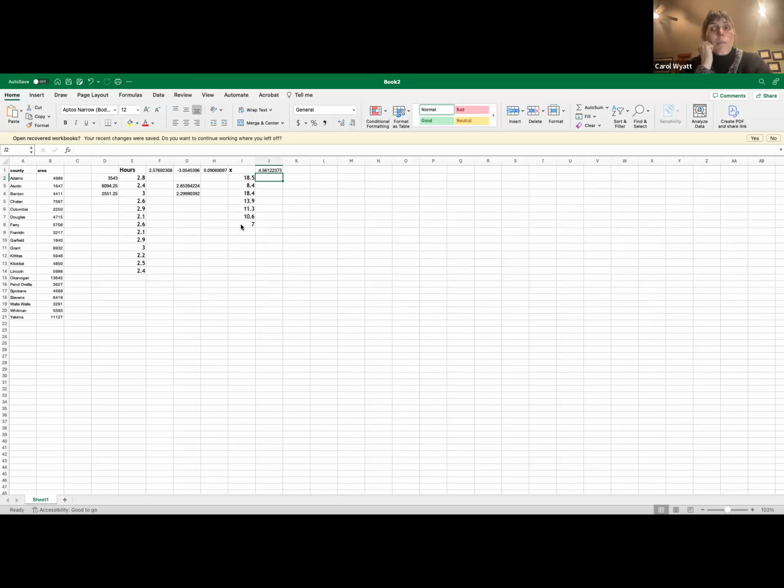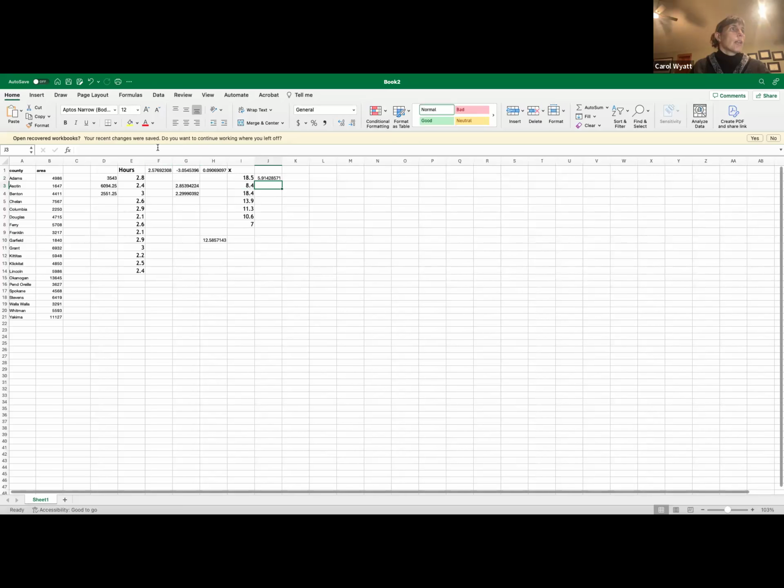If I wanted to do it by hand, I would find the mean of these. So I could calculate the average, which they require you to do in the problem above. But then you take every point. So I would take this 18.5 minus this average.